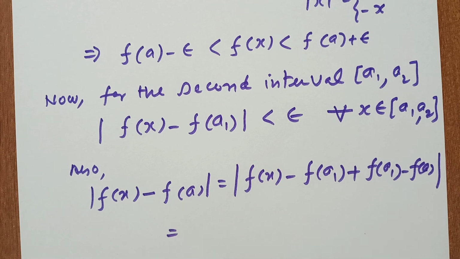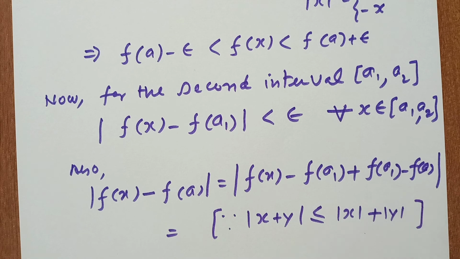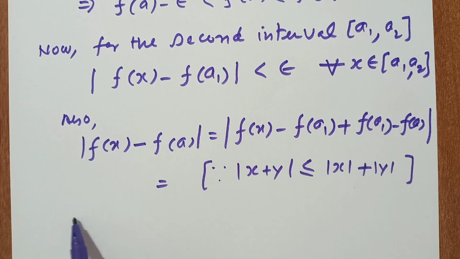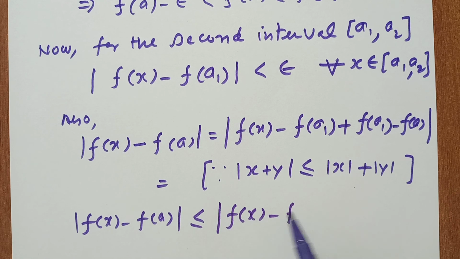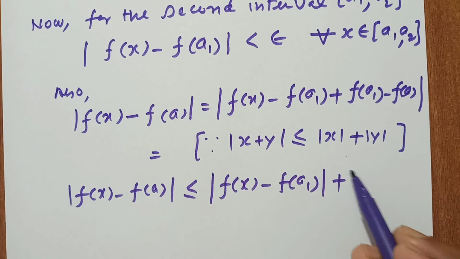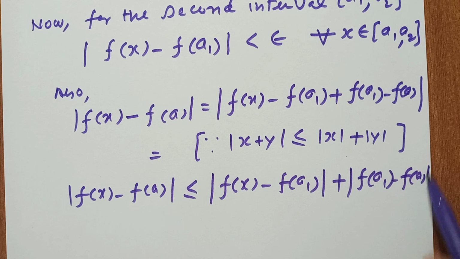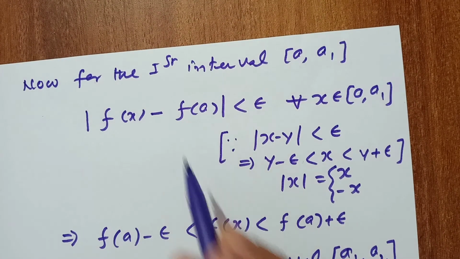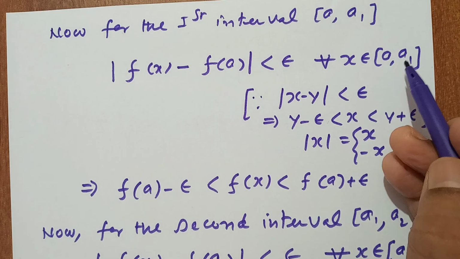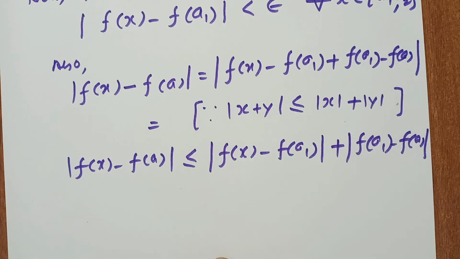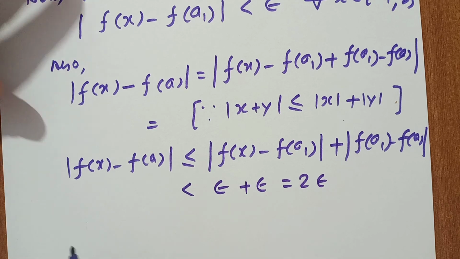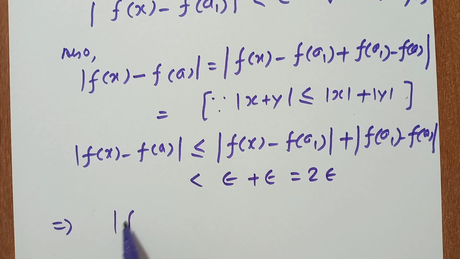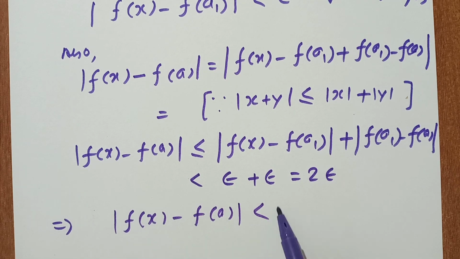By the property |x + y| <= |x| + |y|, this is less than or equal to |f(x) - f(a1)| + |f(a1) - f(a)|, which is less than epsilon + epsilon = 2 epsilon. So |f(x) - f(a)| < 2 epsilon.